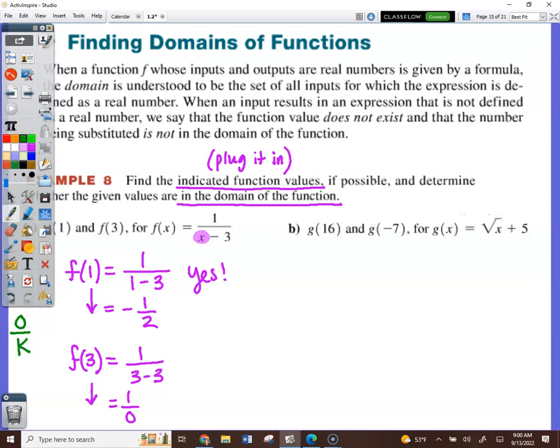That's okay. It is no-go when 0 is in the bottom. That means undefined, which means error, which means is 3 in the domain? No. Okay, you try B.